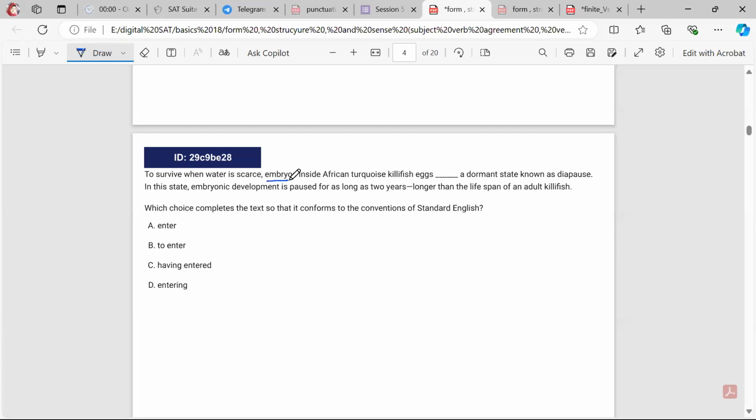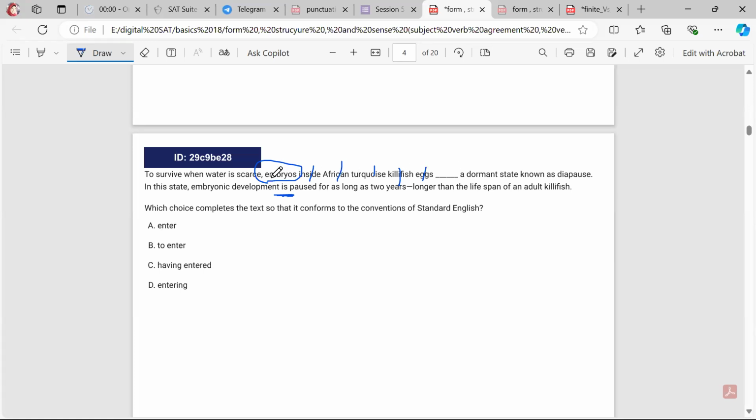Look at that. Here, embryos, that's a subject. Inside African turquoise killifish eggs, all of these words are not given a verb, a main verb for embryos. That's why we need a main verb that can give a present tense, because this is present. So I cannot say embryos inside Africa to enter.